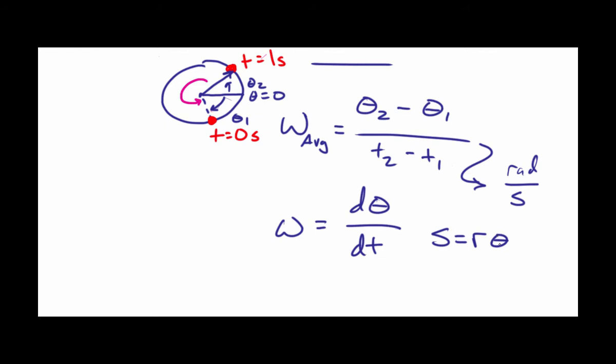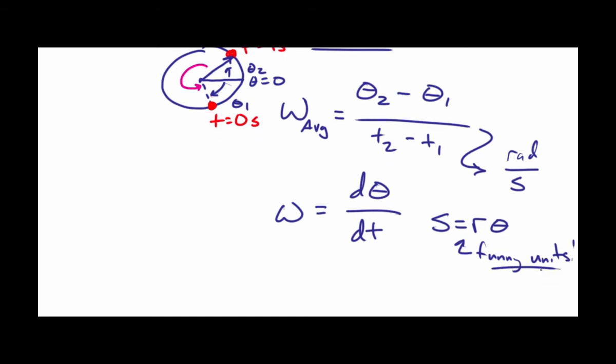Theta is really just a ratio of the circumference of a circle to the radius of a circle, essentially. So radians are funny units, which means they can just vanish magically when you're working with them in an equation. All right, let's keep up our breakneck speed and move on and talk about angular acceleration.